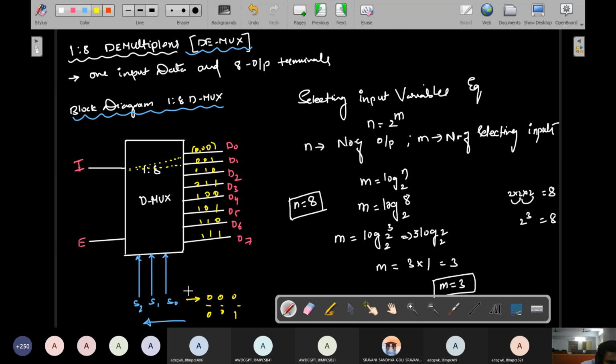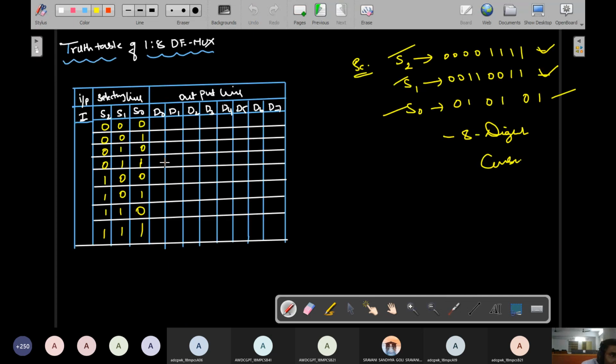Whatever the digital combination on the selecting inputs, the input data will be directly connected to that output state. So here, 000 means only D0 is selected as I, and remaining all are 0. I'm using another color, pink, to identify easily.